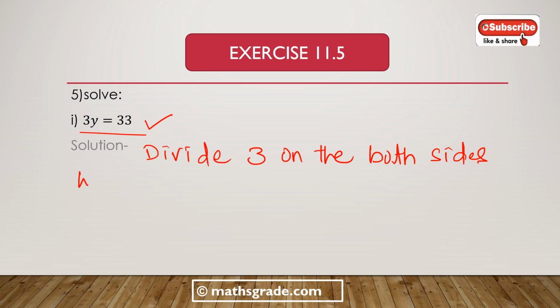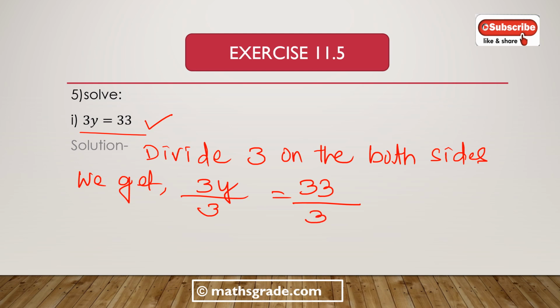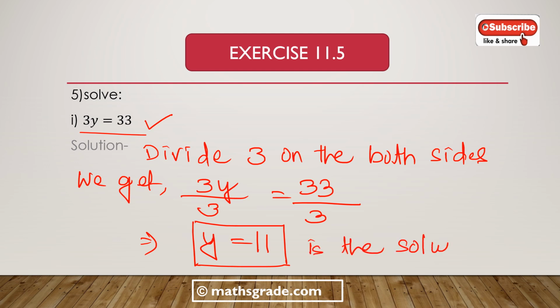We get 3y divided by 3 equal to 33 divided by 3, and 3y divided by 3 is y equal to 11, and y equal to 11 is the solution of the given equation. Value of the variable y is 11.